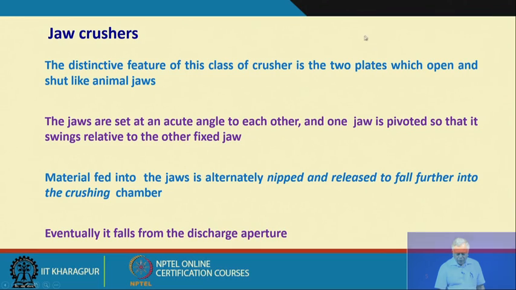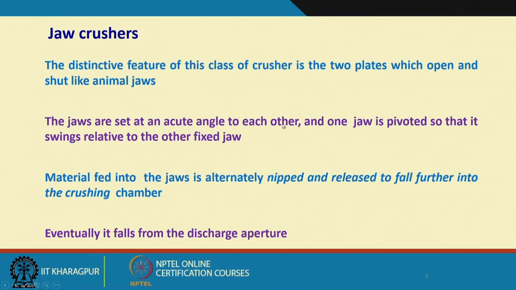The distinctive feature of this class of crusher is the two plates which open and shut like animal jaws, like even our own jaws, where one jaw is fixed and another jaw is moving, and that is how we crush, and we have got our teeth to break the particles.